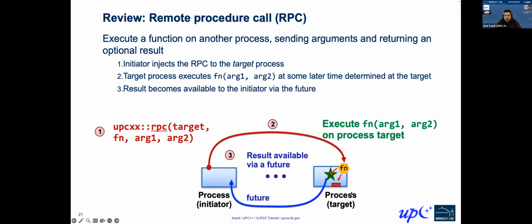When the RPC actually runs on the target, after it completes, the target will send back a notification to the initiator that the RPC has completed, along with any return value. And so once that reply comes back to the initiator, at some point that future will be readied, and the initiator can read the result or check for completion.